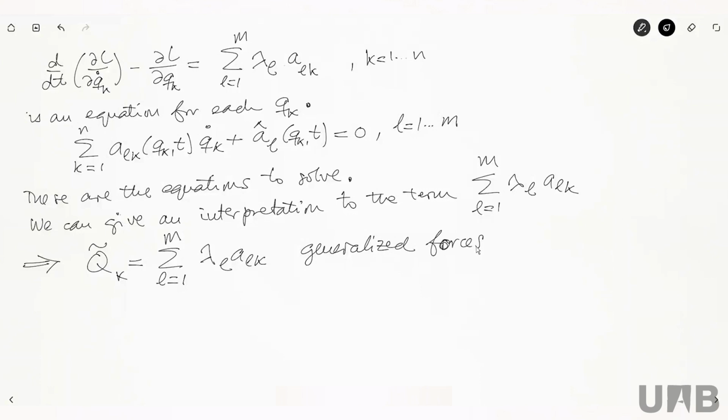That is for k from 1 up to N, one for each generalized coordinate. So we can reinterpret this term, written in terms of the Lagrange multipliers, as the generalized forces responsible for what? What is the role played by these generalized forces? What do they do to the system?